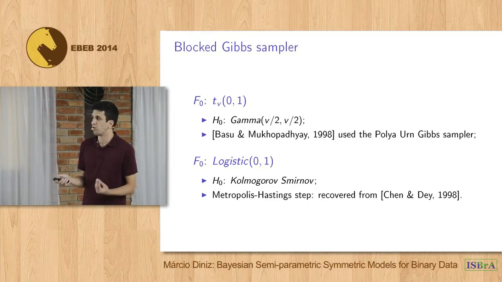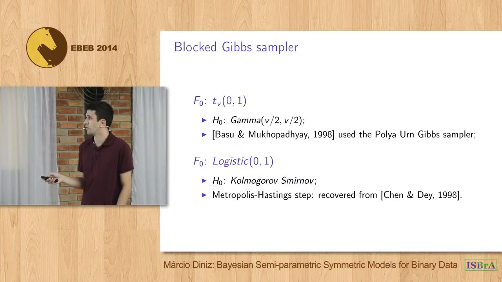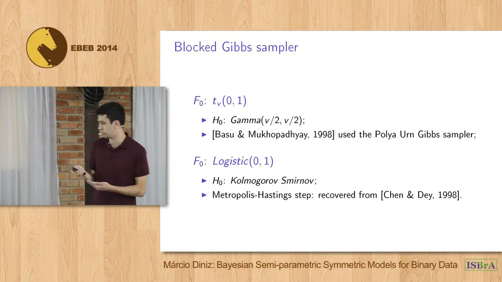It's easy when you use the blocked Gibbs sampler. Here it's only necessary to insert a rejection step. The Metropolis-Hastings step was recovered from Chen and Dey, who developed logistic regression in the Bayesian approach.